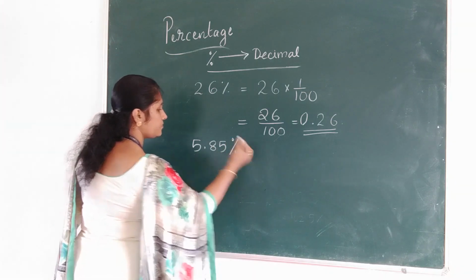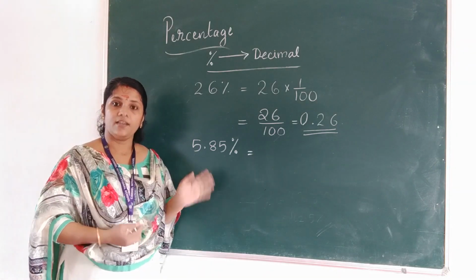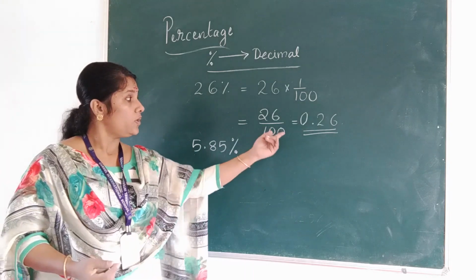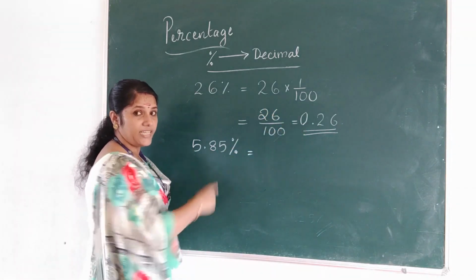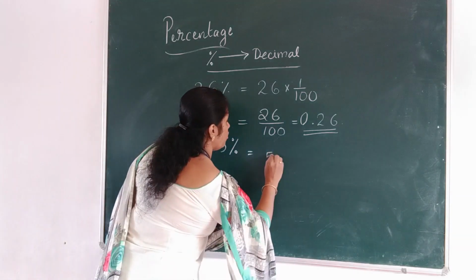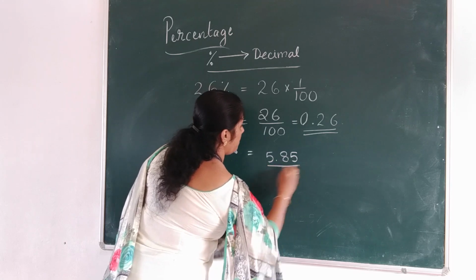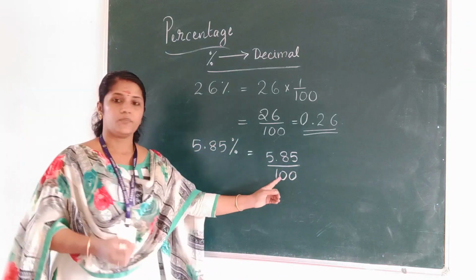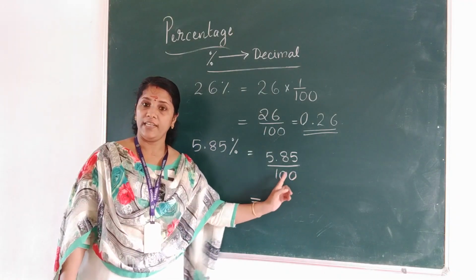Let's see another example. 5.85%. It's a decimal number given, right? 5.85 we are going to convert into decimal form. It is also decimal but percentage is here, right? So 5.85 by 100. Here also 2 zeros are in the denominator.